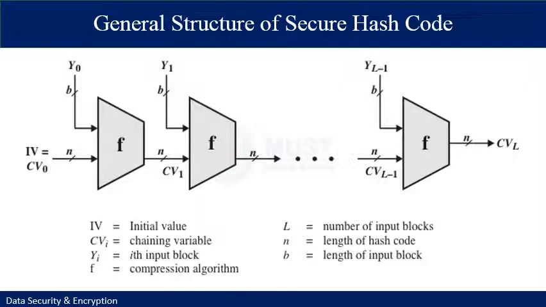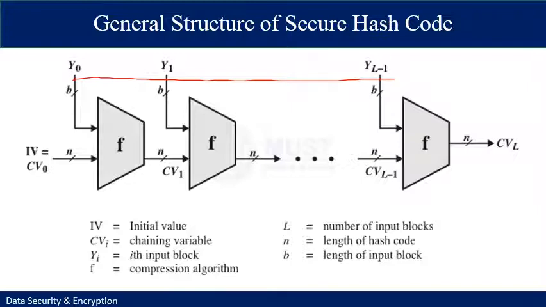The hash function takes an input message and partitions it into L fixed-size blocks of b bits each, referred to as Y0 to Y(L-1). If necessary, the final block is padded to b bits.